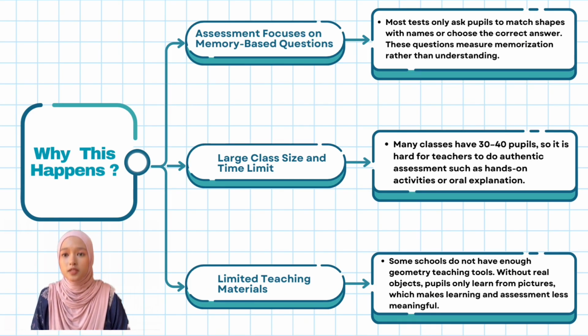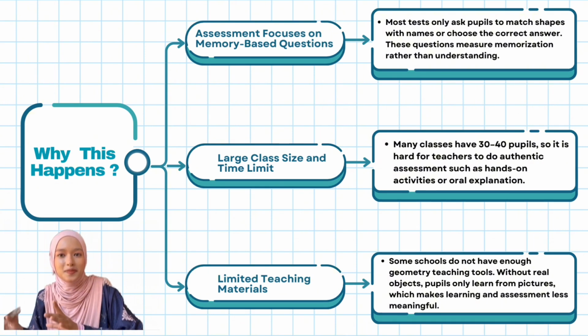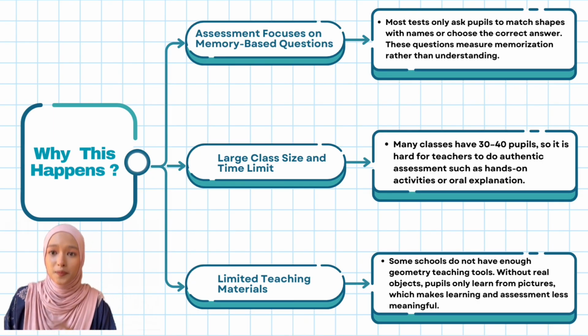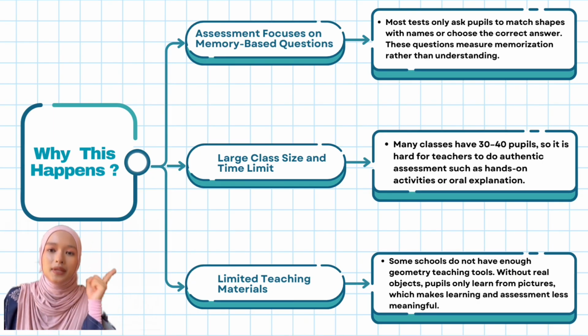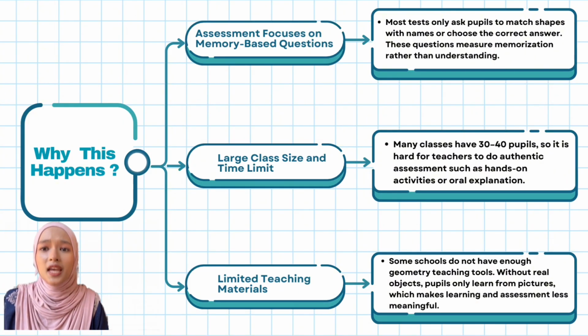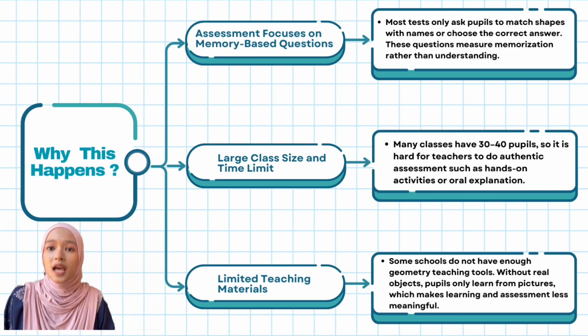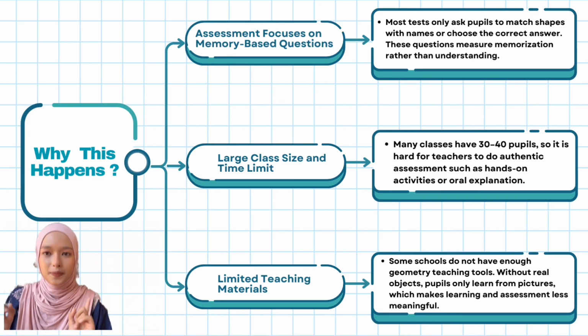Without real objects or 3D models, pupils only learn from pictures. This makes both learning and assessment less meaningful. In conclusion, assessment often focuses on memorization because of time limits, large class size, and limited materials. However, this method doesn't fully help pupils understand geometry concepts deeply.